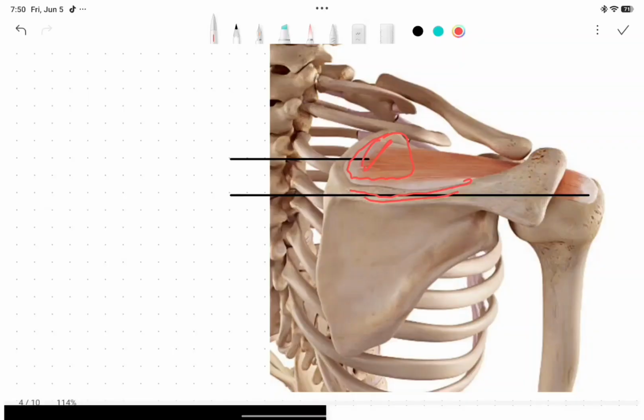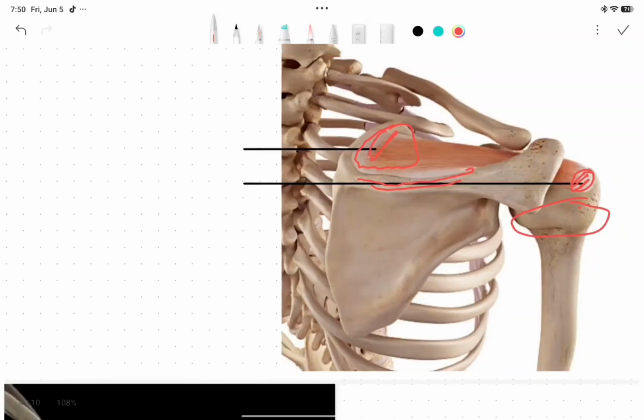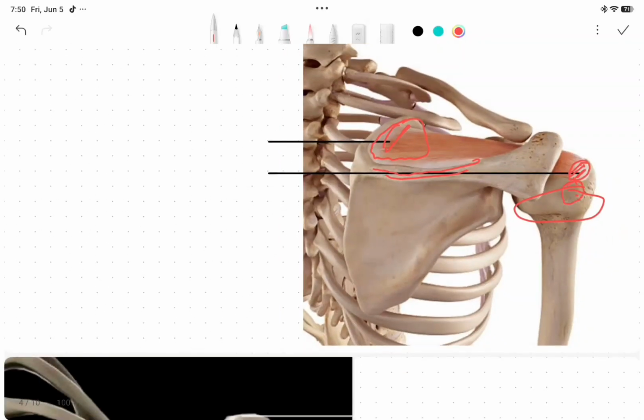It is inserted into the superior facet because it lies superior to the head of the humerus. So there is a middle or intermediate facet and an inferior facet. In the middle is the insertion of the infraspinatus, and in the inferior, the teres minor.